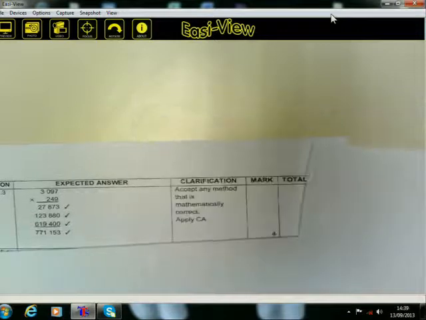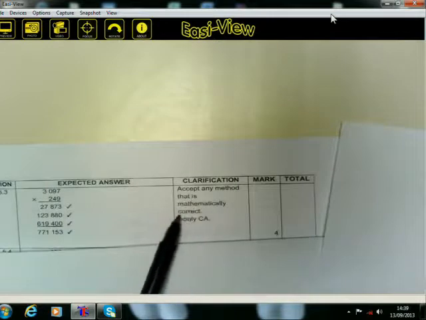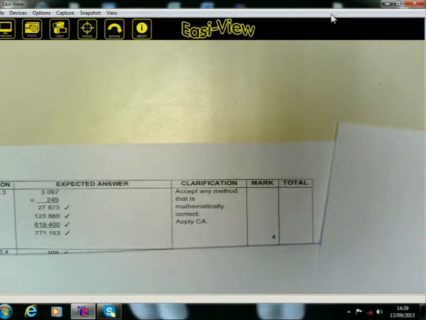We look at the first product, the second product, the third, and then the final answer. You mark the first product, the second product, and the third product, and the answer there. Let's look at what they say. Accept any method that is mathematically correct, apply CA. Okay, how do we apply CA in this case?